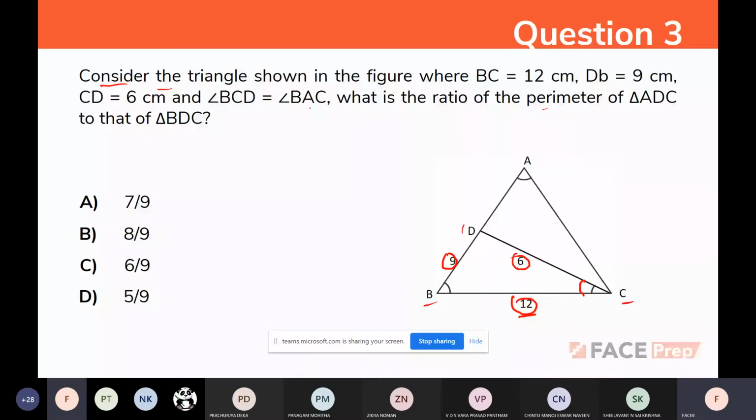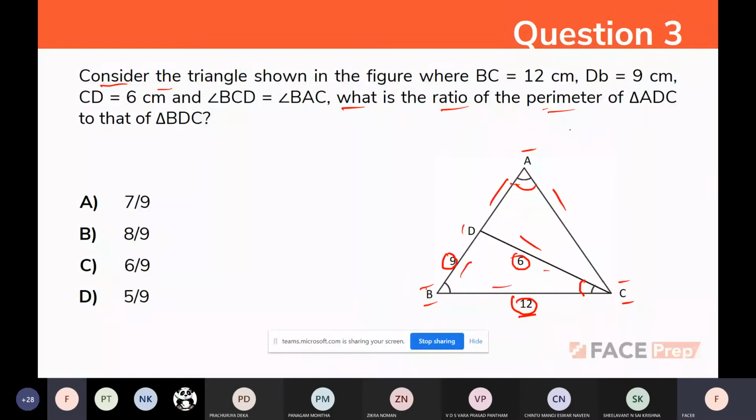This is the condition that they have given. They want to find the ratio of the perimeters of the triangles. The upper triangle is ADC and the lower triangle is BDC.